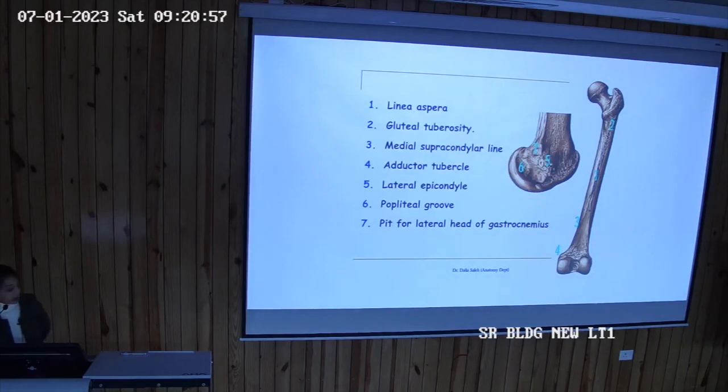Then over here this denotes the popliteal fossa or popliteal groove. Just above there is a groove for the gastrocnemius. Then there are the lateral and medial epicondyles of the femur. On the lateral side we have this popliteal groove for the gastrocnemius muscle.